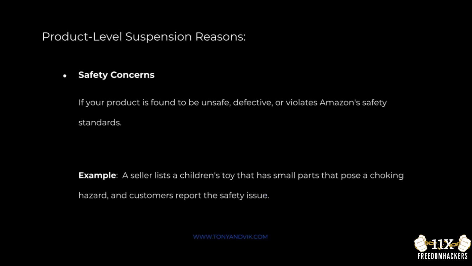For example, a seller listing a children's toy that has small parts that pose a choking hazard, and customers report the safety issue. It doesn't even need to be a toy, but if you have small parts, you still need to have the warning that this includes small parts. If it's a choking hazard, then it needs to have these warning labels.